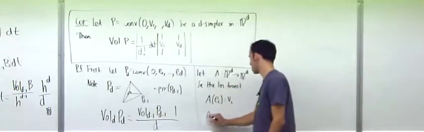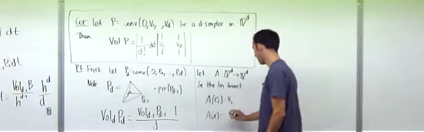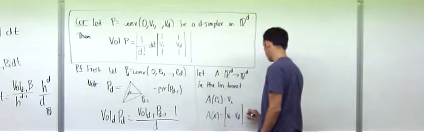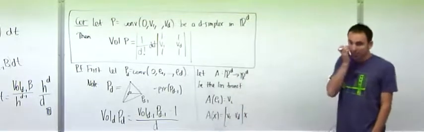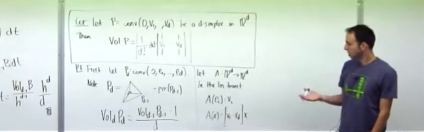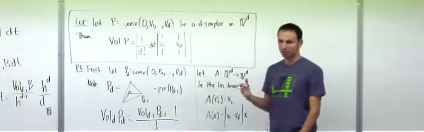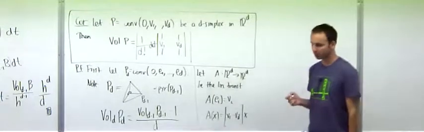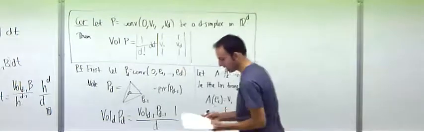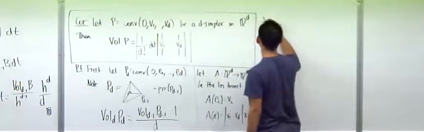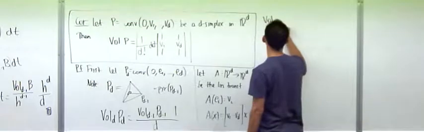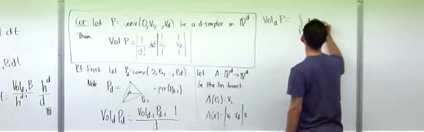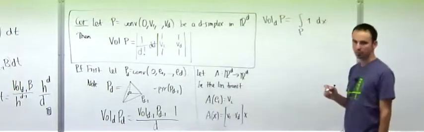So A of anything is just the multiplication by this matrix that I have here. Okay? And so then I can apply a change of variables to the integral that I'm trying to compute. So then what I say is that the volume of my polytope is the integral over the polytope of 1 dx. Okay?